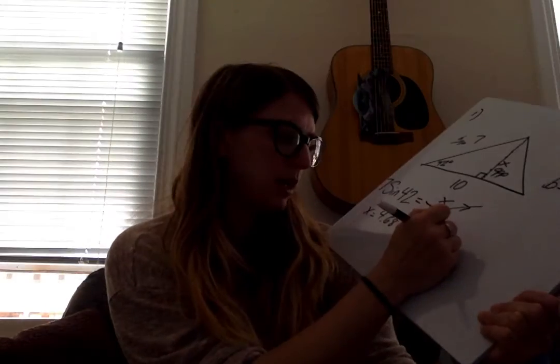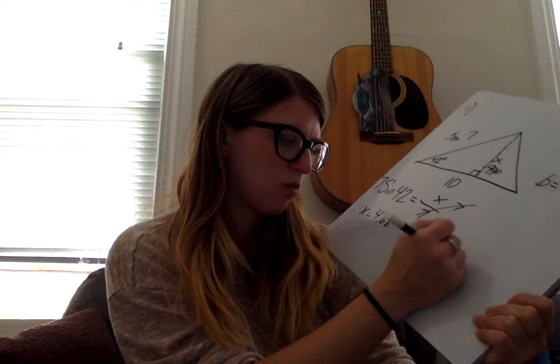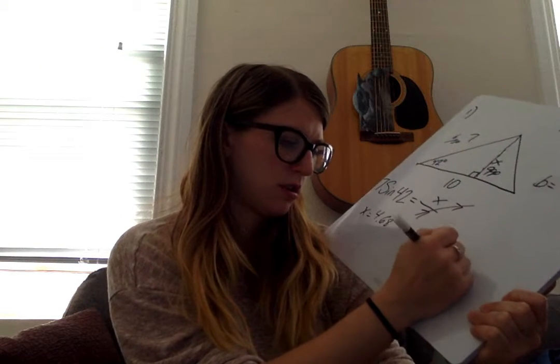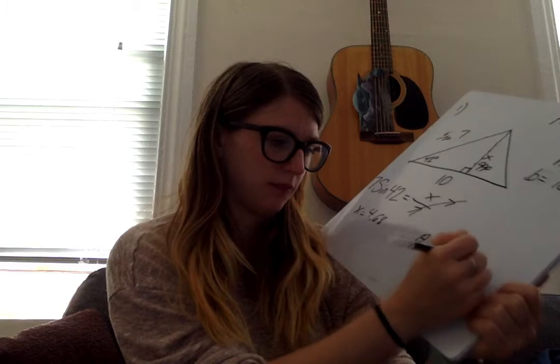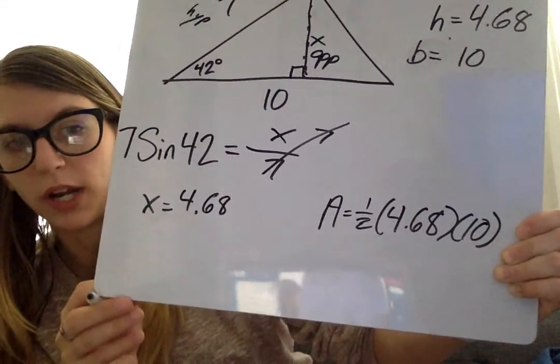So the area would be 1/2 times 4.68 times 10. And if you tell me you don't know how to put in a fraction, I'm going to give you a scale because 1/2 is just 0.5. So we're going to do 0.5 times 4.68 times 10.